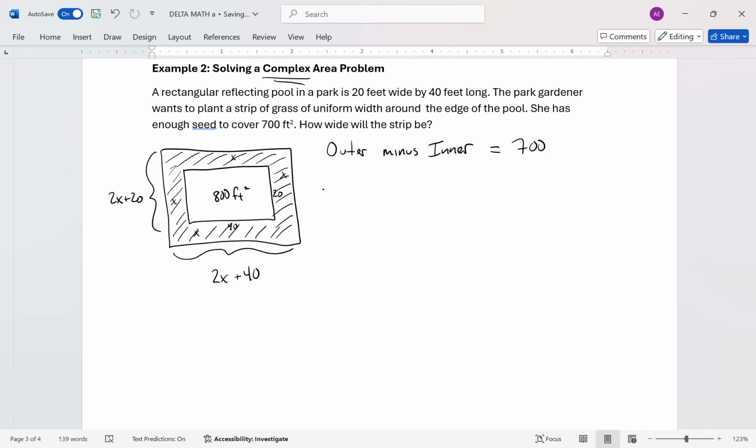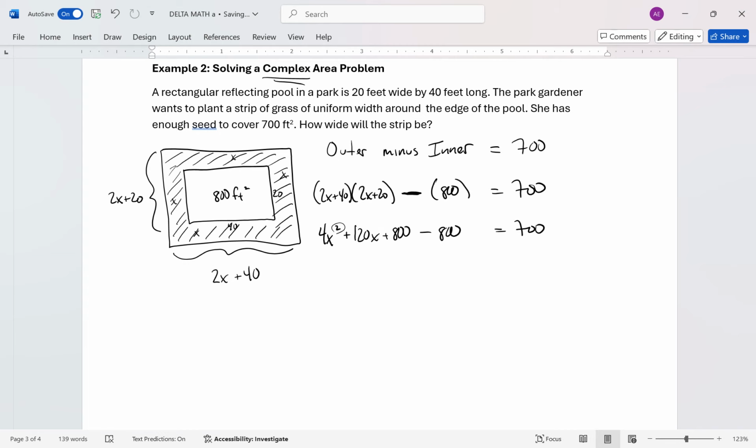Our outer, again, it's a rectangle, so base times height, our 2x plus 40 times our 2x plus 20 minus the inner, that's our 800. 2x times 2x, 4x squared, 2x times 20, 40x, I'm not going to show all that work, 40 times 2x, 80x, so 120x, 40 times 20, another 800, minus 800 equals 700. There's the resulting quadratic equation to model this area problem.